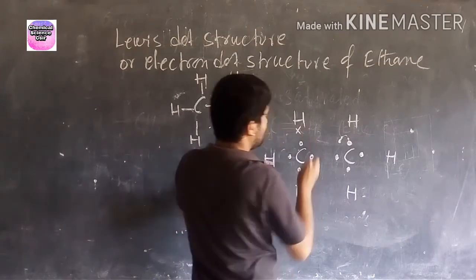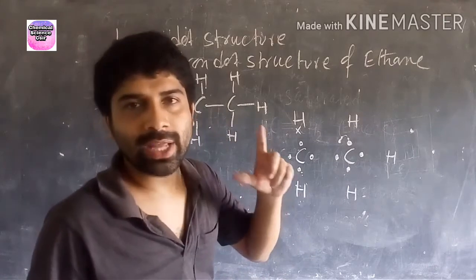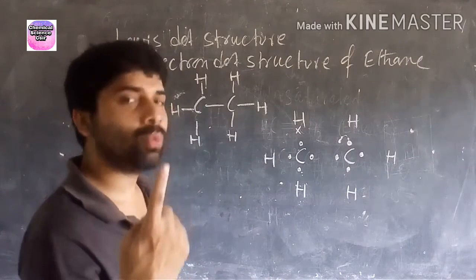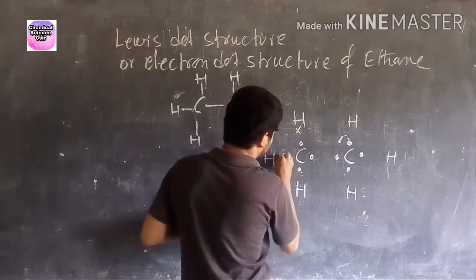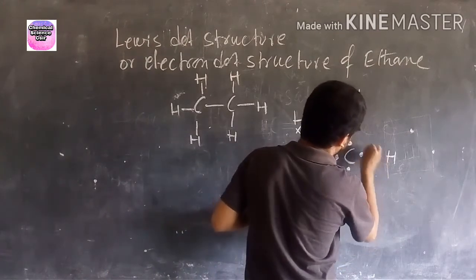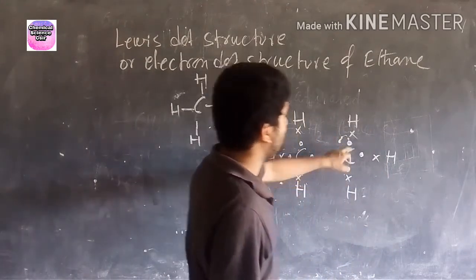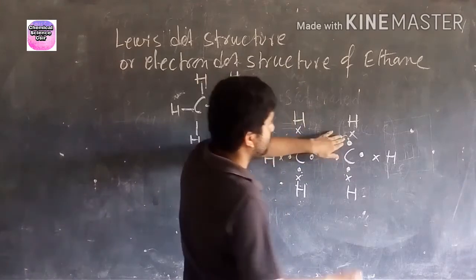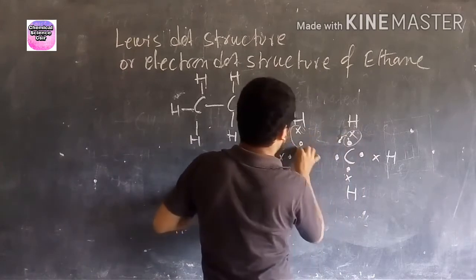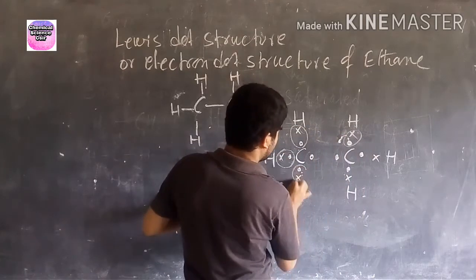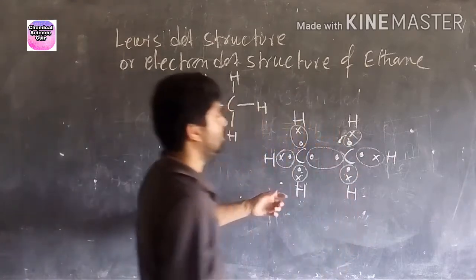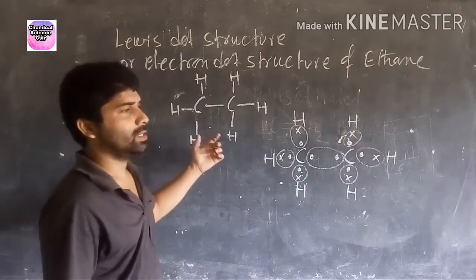And hydrogen: the atomic number of hydrogen is 1, so in the outermost shell there is only 1 electron. Like this, this is the electron dot structure.